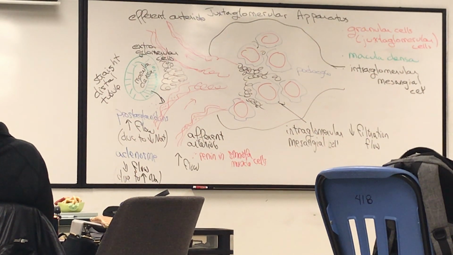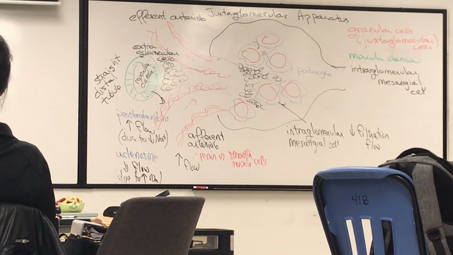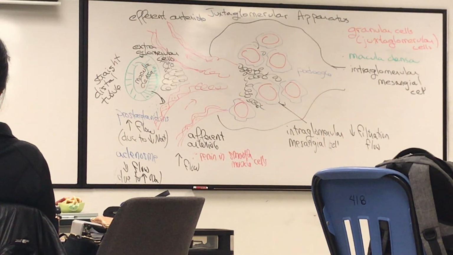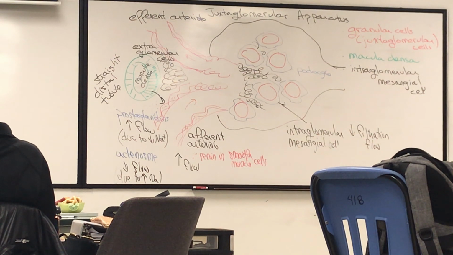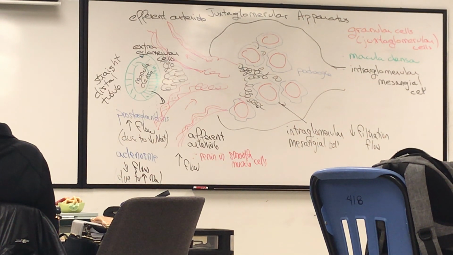That didn't have anything to do with the renin yet, okay? Then we had three mechanisms of renin release. It's going to result in an increase in systemic blood pressure, which we haven't talked about yet, how that works, okay, but just to remind you.